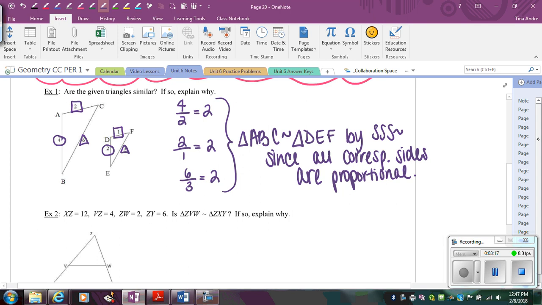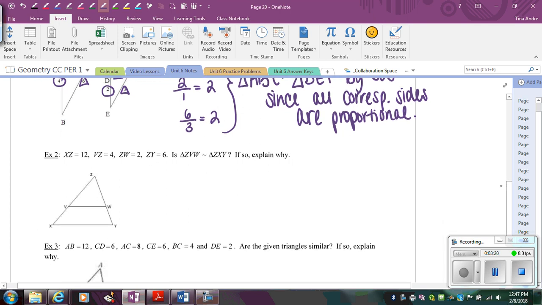Moving on to example 2, we have some different side lengths that we need to write first. XZ, so this entire thing, is 12. VZ, this part here, is 4. ZW is 2, and ZY is 6. What we want to do is see if triangle ZVW, the small triangle, is similar to the big triangle, ZXY.